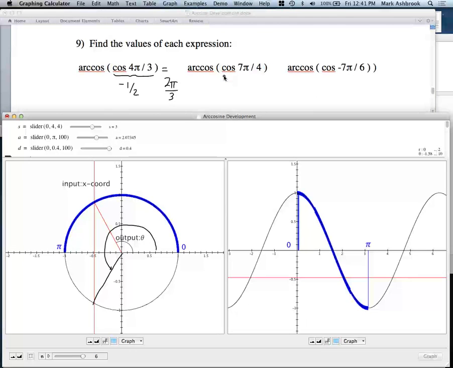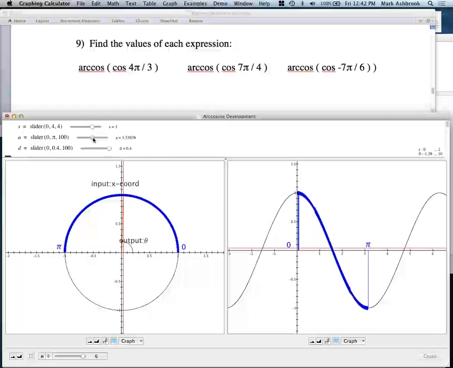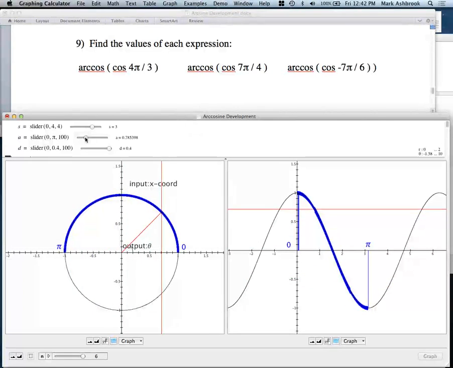Tell me, what's cosine of 7 pi over 4? Positive or negative? Positive radical 2 over 2. Show that. That's this angle right here.